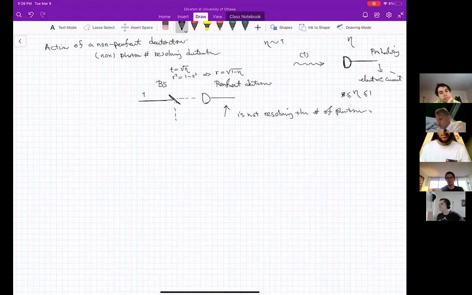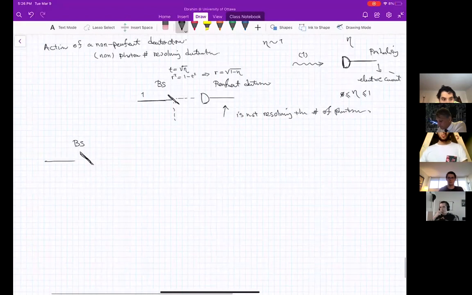Then, in order to simulate this and understand the photodetector, and the detector action, let's look at the beam splitter essentially. Now your beam splitter is the object that does the work for you. So you are sending n photons in.